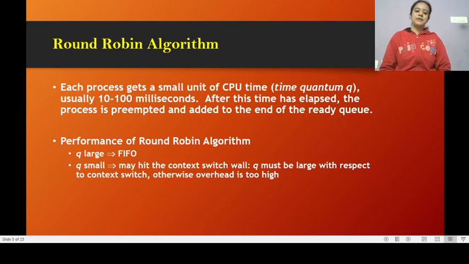Once P1 is given a chance to execute and finishes its 3 milliseconds, it will be forcefully preempted from the CPU and P2 is given a chance. Like that, in a cyclic way, it is a round robin fashion.